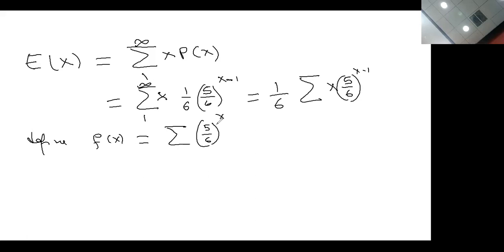If we define f of x as this, the sum of 5 over 6 to the x, from 1 to infinity, then what will be f prime of x?